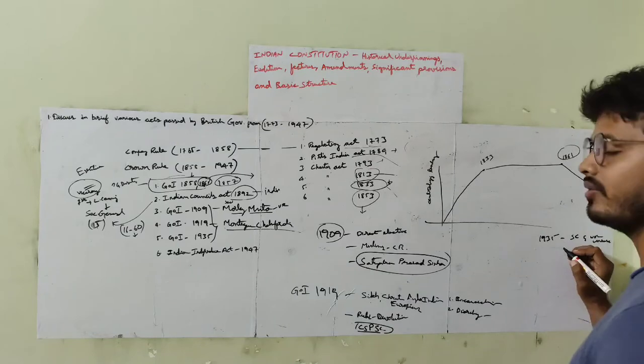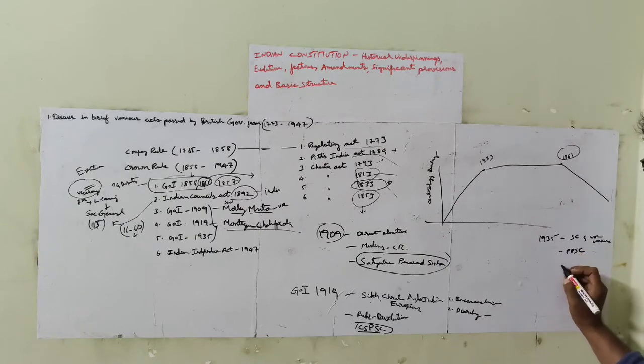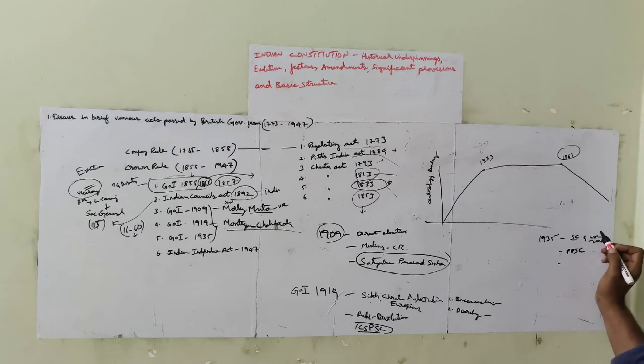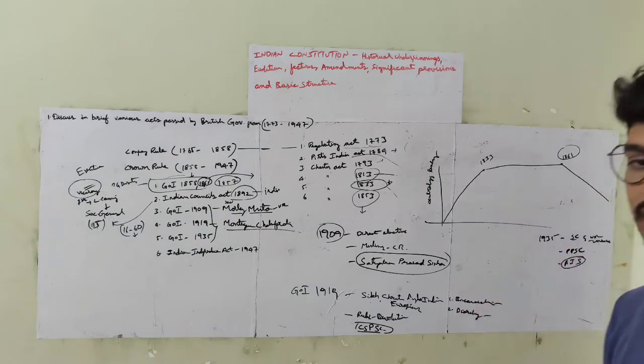Not only the Federal Public Service Commission, but also the Provincial Public Service Commission was introduced in 1935, and it was extended to SCs, STs and women. All India services were also created in 1935 only.